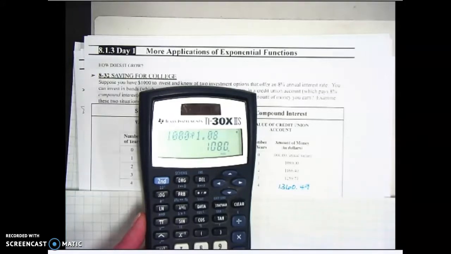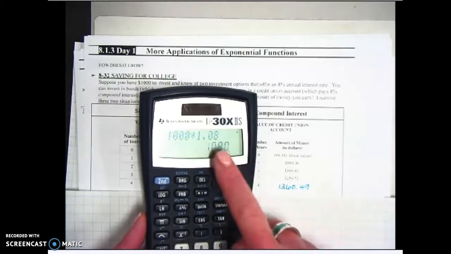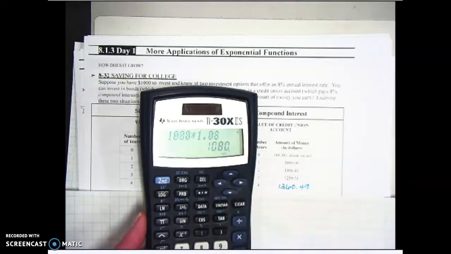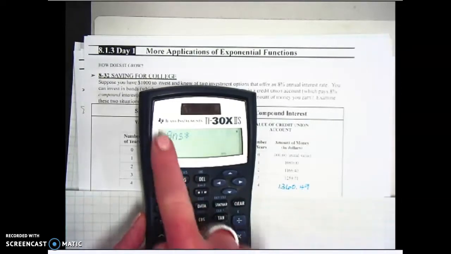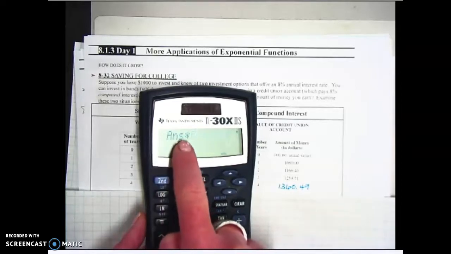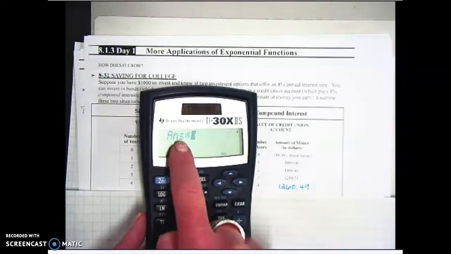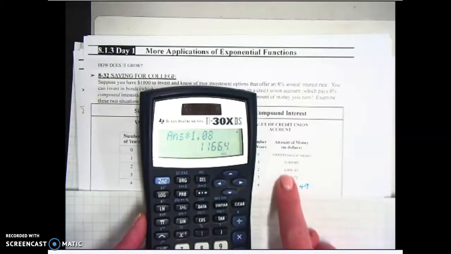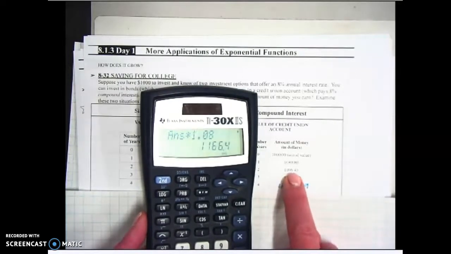Okay, your calculator has this fancy function that it will also take the previous answer. So now, instead of retyping in 1,080, I can simply hit times and see where it says ANS. What does ANS stand for? The answer, the previous answer, and I'm going to multiply by 1.08 again, and I get $1,166.40.